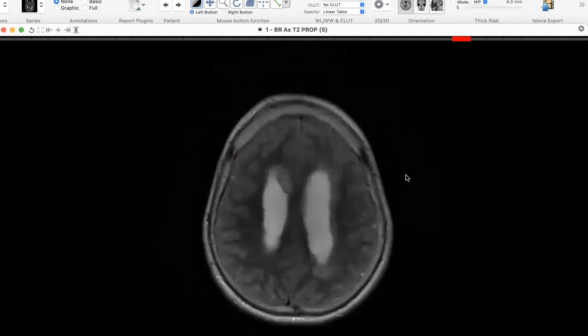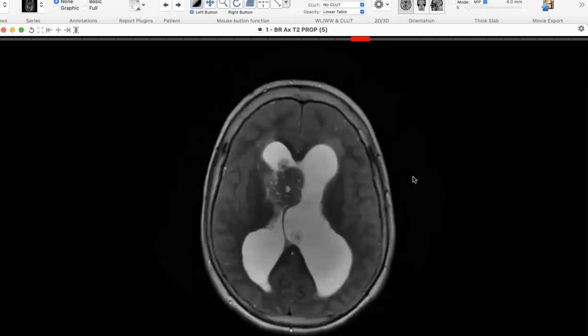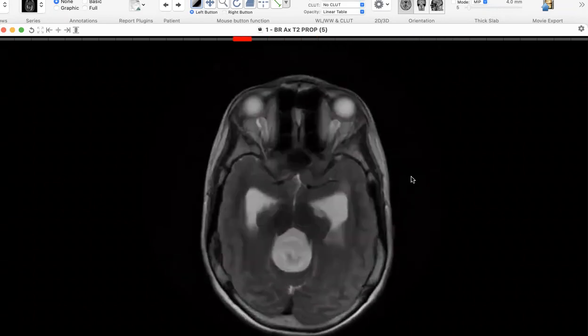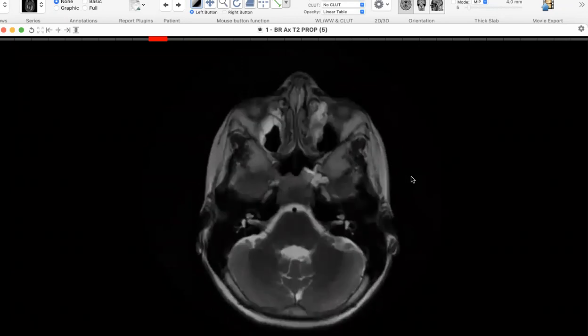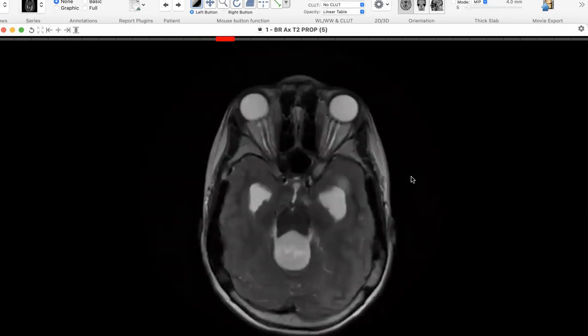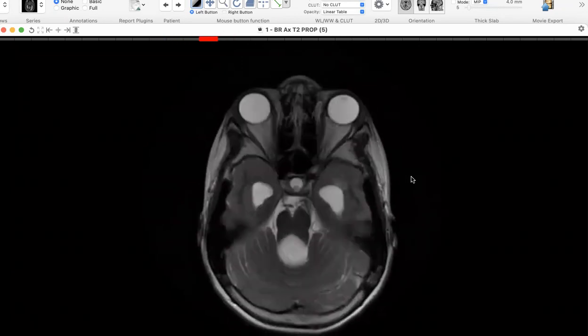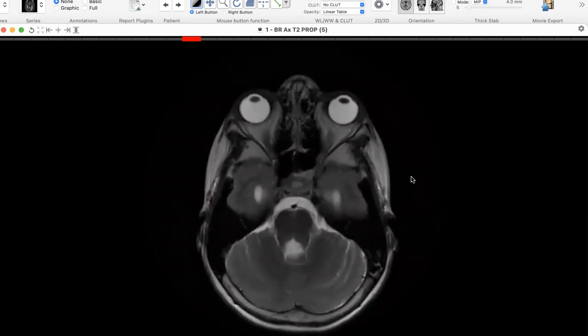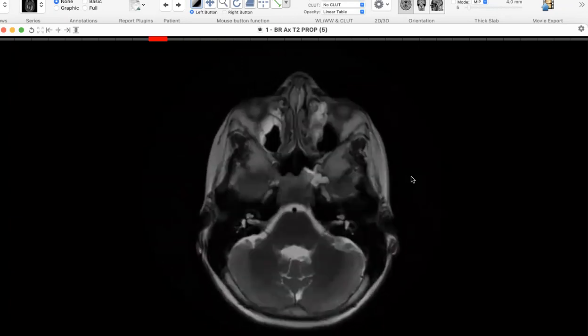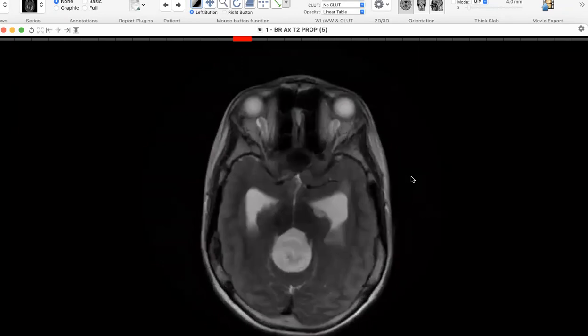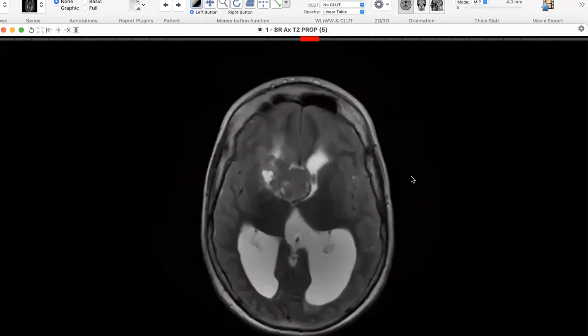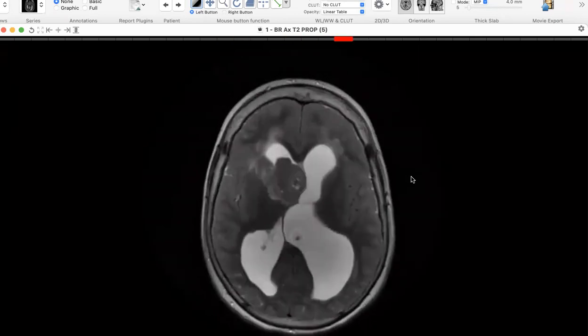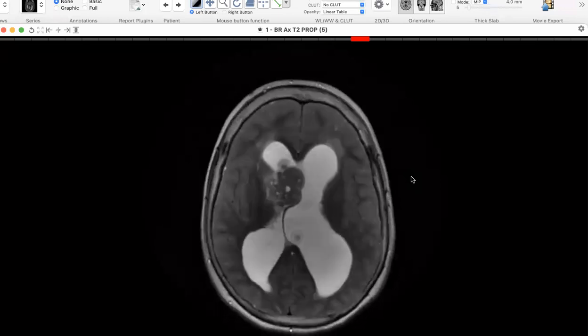So there are several abnormalities in these images. There is marked dilatation of the ventricular system, including the supra and infratentorial ventricles, with enlargement of the third ventricle recesses, with evidence of transependymal CSF permeation.